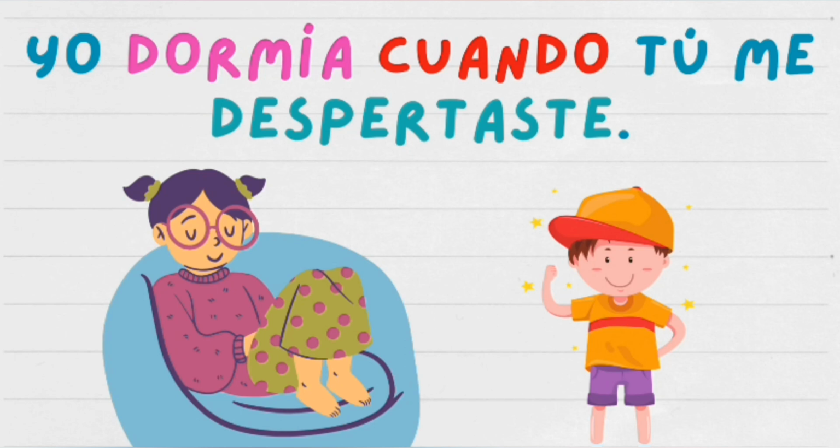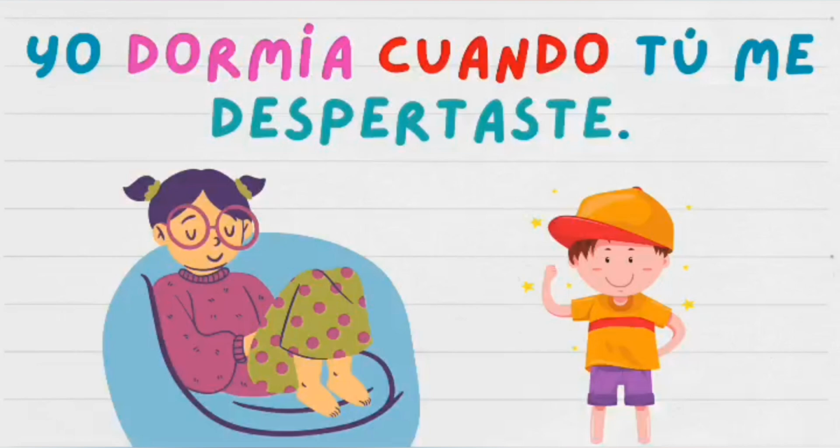To say this in Spanish, you have to say, yo dormía, okay? This would be the imperfect past. Yo dormía, I was asleep, when, cuando, you woke me up. Tú, you, woke me up. Me despertaste, okay? Again, yo dormía cuando tú me despertaste.